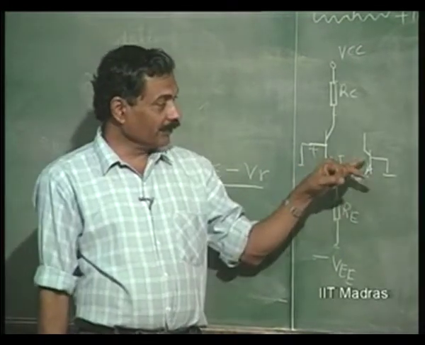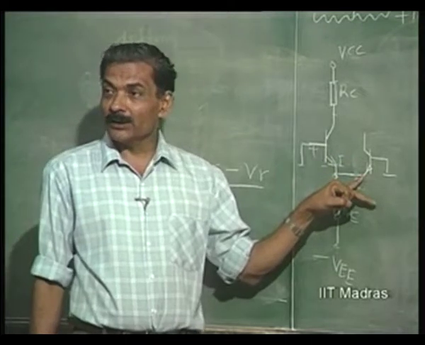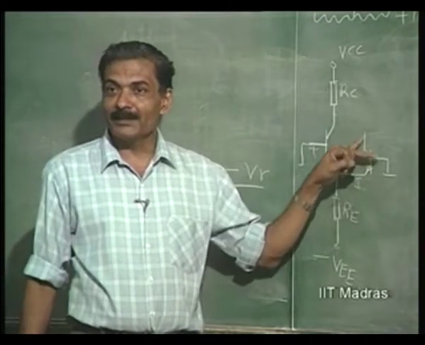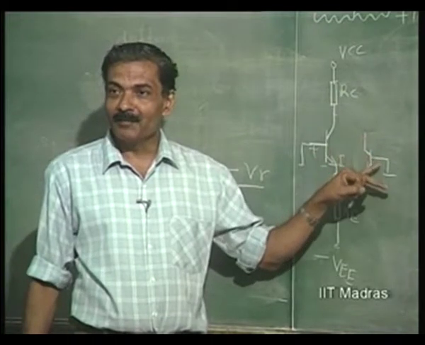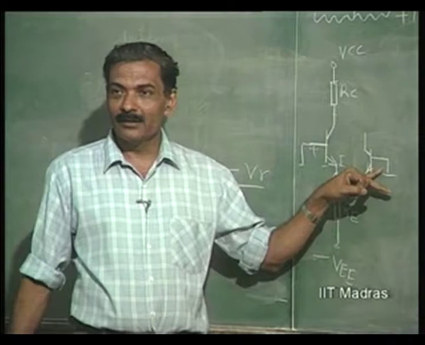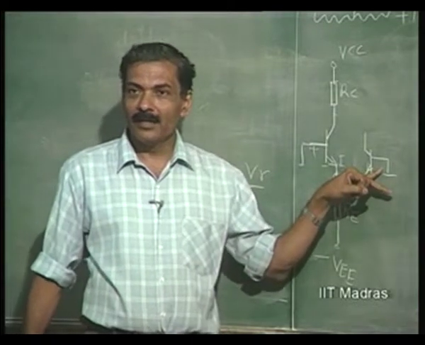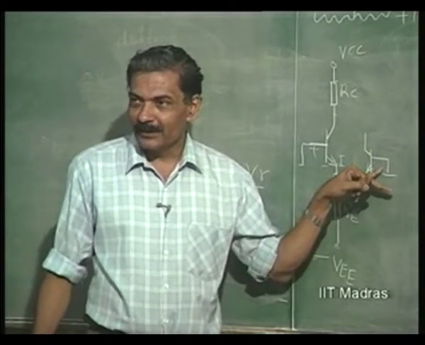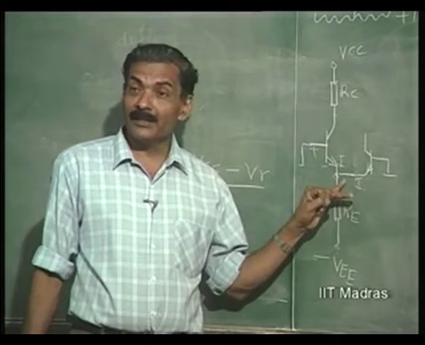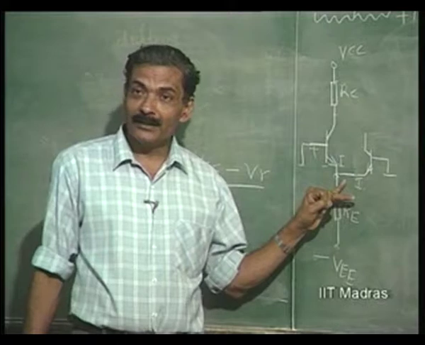This current is also, to a first order approximation, influenced by the collector base voltage. This is what is called the Early effect, which we discussed. The collector voltage also has some influence on increasing the emitter current.